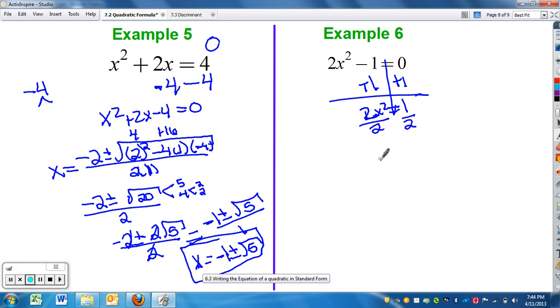This one doesn't factor, actually. That is fine. Square root. So x equals square root of 1/2. Remember, that's square root of 1 over square root of 2. You multiply the square root of 2 to top and bottom. So that's square root of 2 over 2 plus or minus.